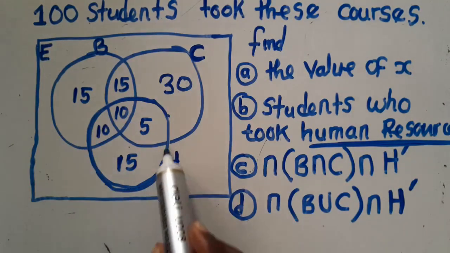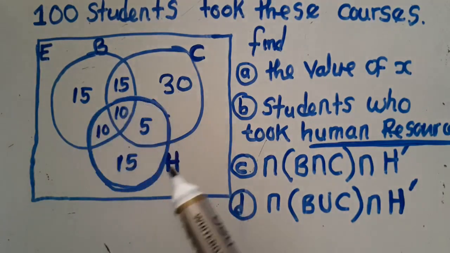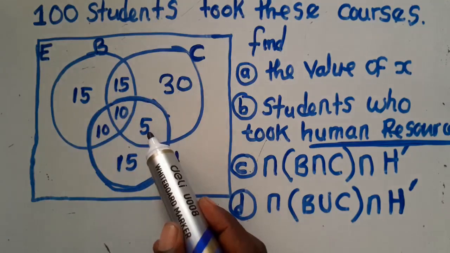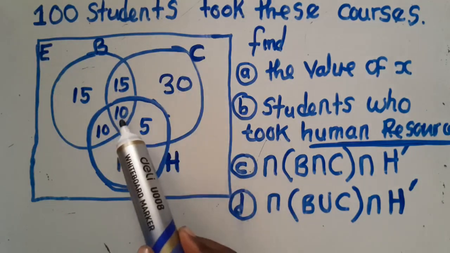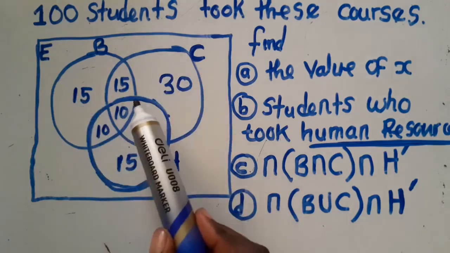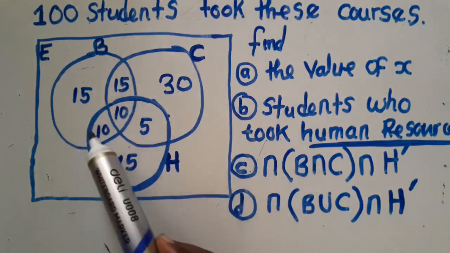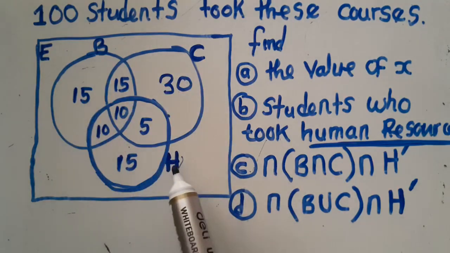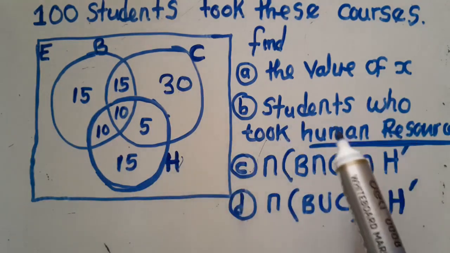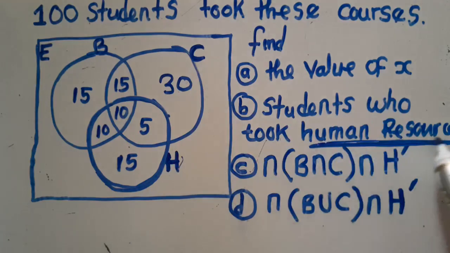All these students took what? Human resources. But if you check, these 5 students were also taking what? Community development. These 10 were taking all the 3 courses. These 10 were taking business studies and human resources. But the question is saying students who took human resources.